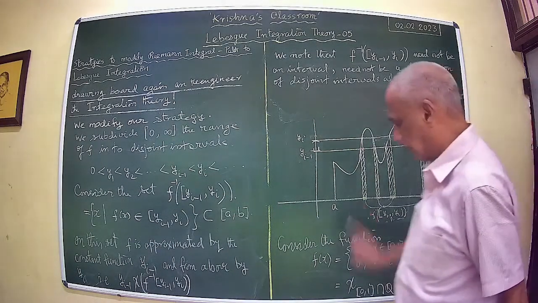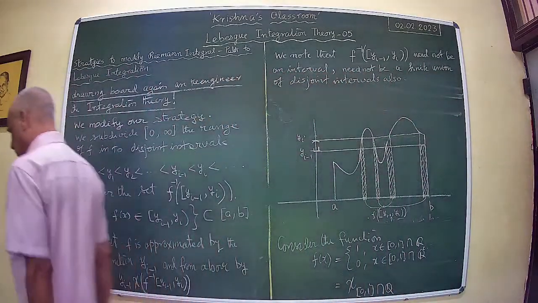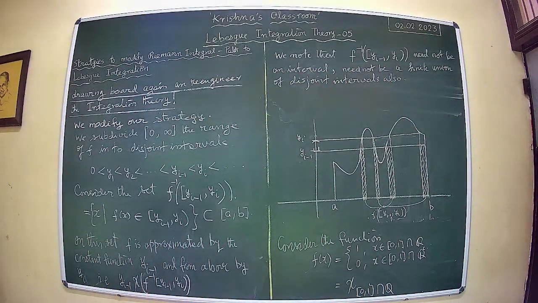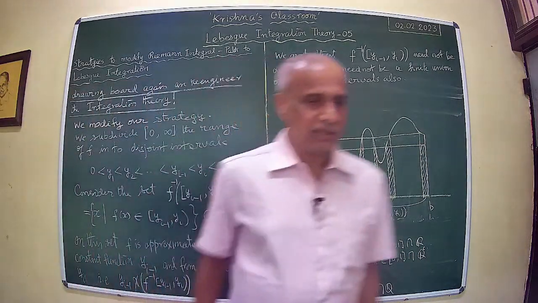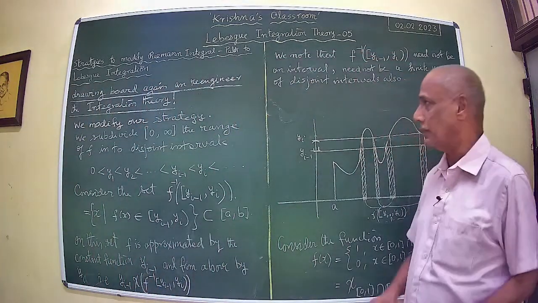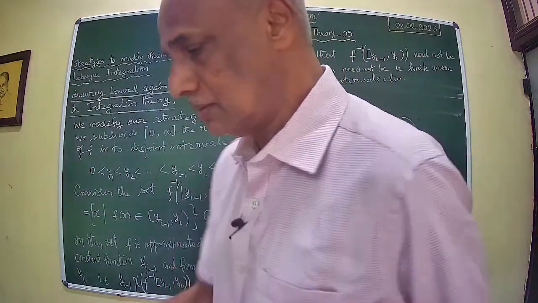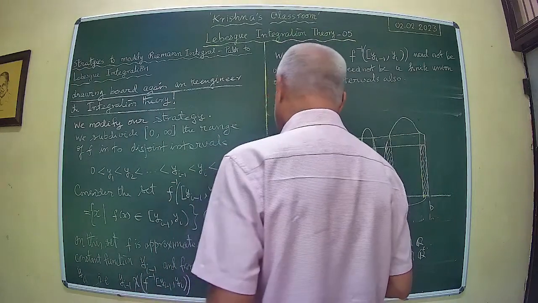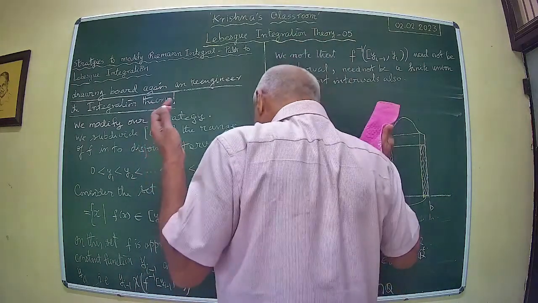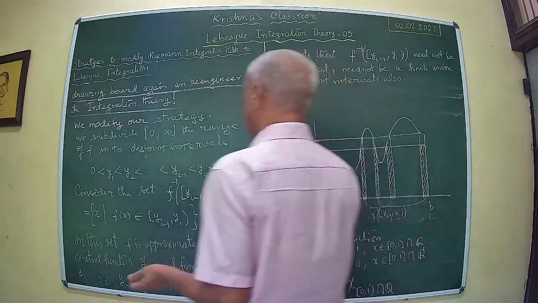So it takes the value 1 at all rational points and takes the value 0 at all irrational points. So the range of this function consists of just 2 points, namely 0 and 1.